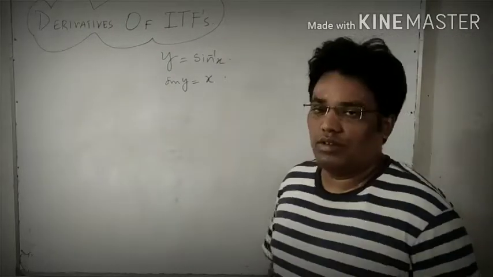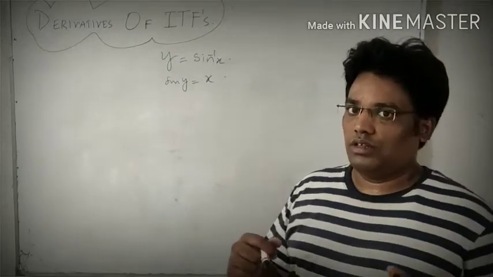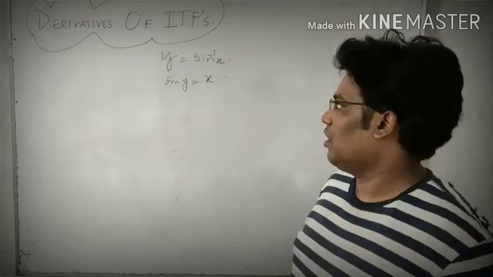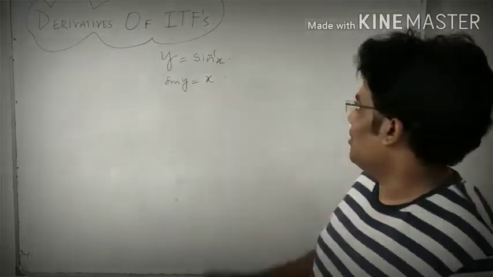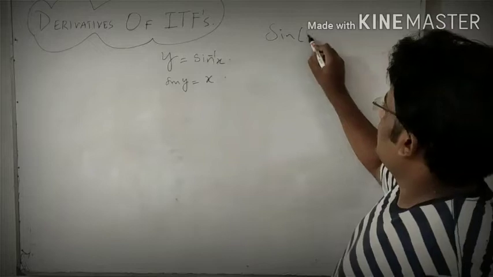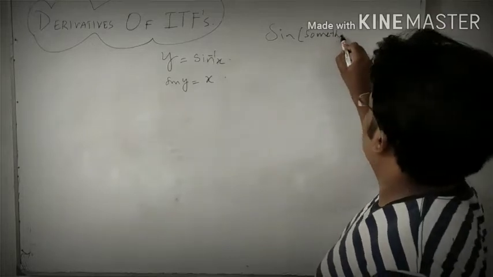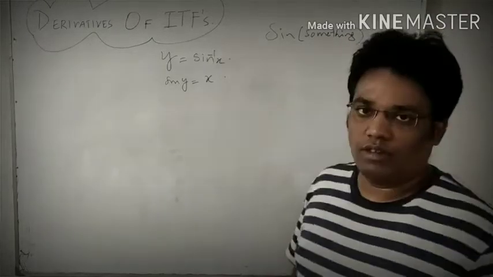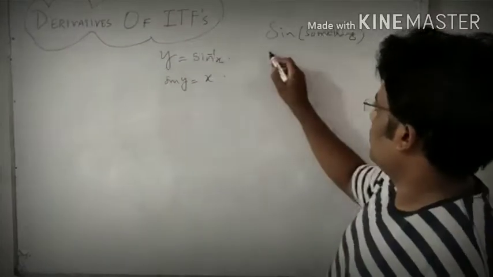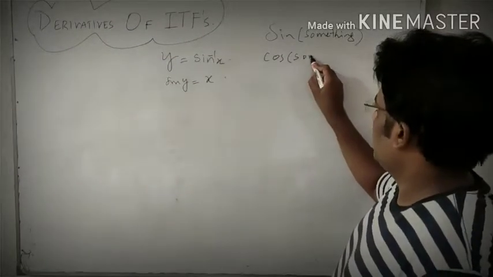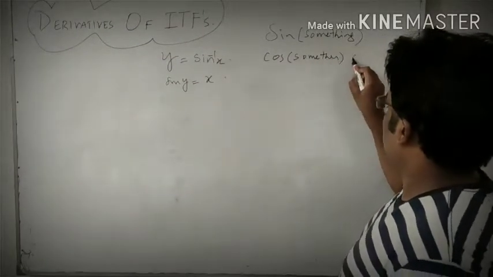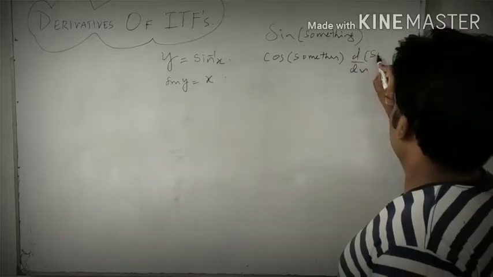So now you need to have the foundation of composite function differentiation. What is the differentiation of sine of something? Sine of something is cos of something into differentiation of that something. This I need to learn.